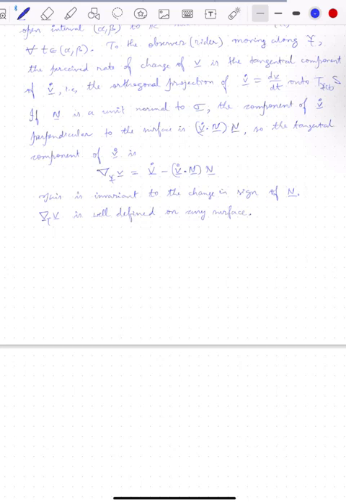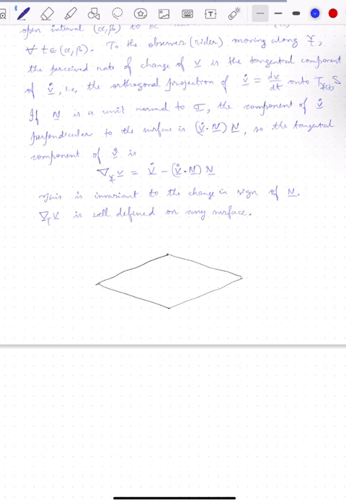So the schematic goes as, let me try to draw here. We have the tangent plane, and this will be at some point.